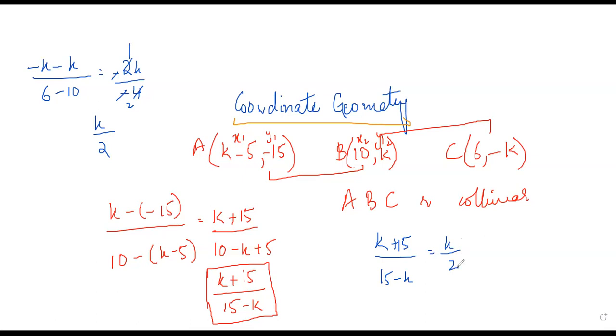You can put 2k plus 30 equals 15k minus k squared. Let me just do that right now. Yeah, do it. I'm also doing it in parallel.